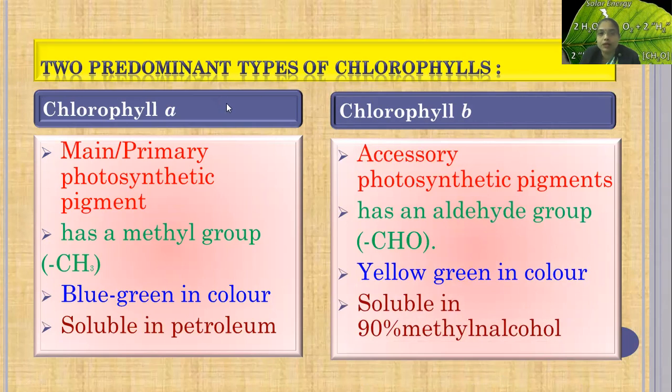So, to distinguish: first, primary photosynthetic pigment versus accessory photosynthetic pigment; chlorophyll A has a methyl group, chlorophyll B an aldehyde group; chlorophyll A is bluish green, but chlorophyll B is yellowish green.